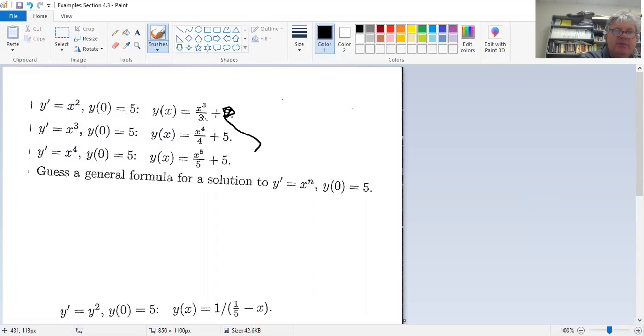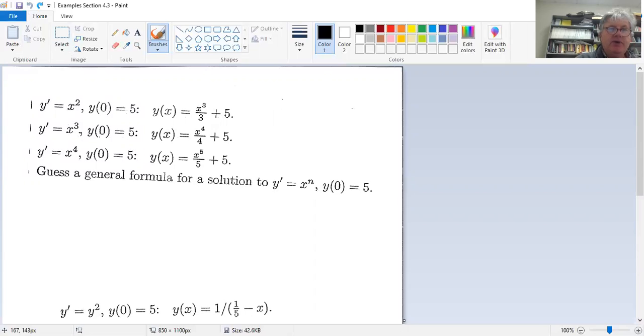So 3 divided by 3 is 1. And we take 1 from the power, and so we get x squared. And so the derivative of that is x squared. And if we plug 0 into this, we get 5.